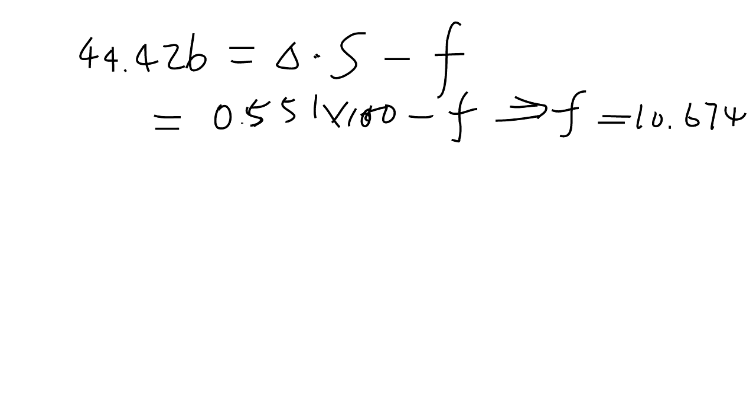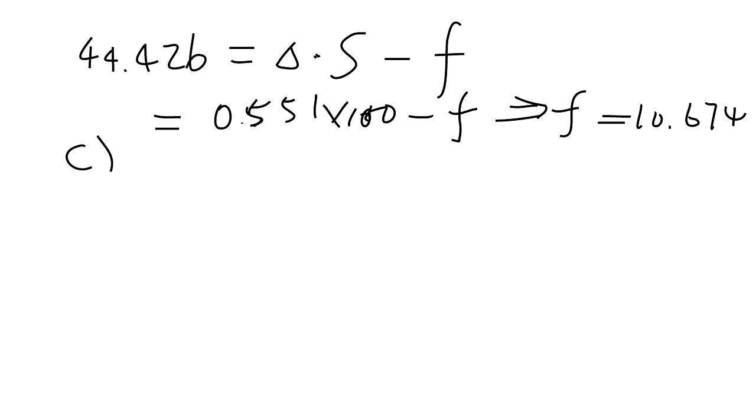Make sense? And the last part, I asked you to calculate the U and the D. In that case, I'm giving you the possible stock price up, possible stock price down.